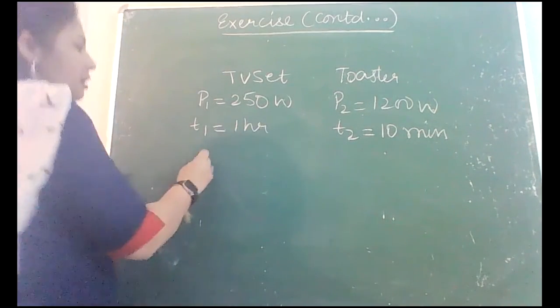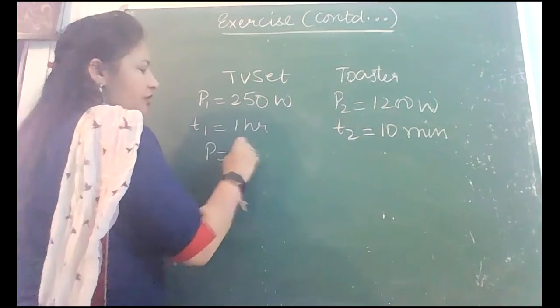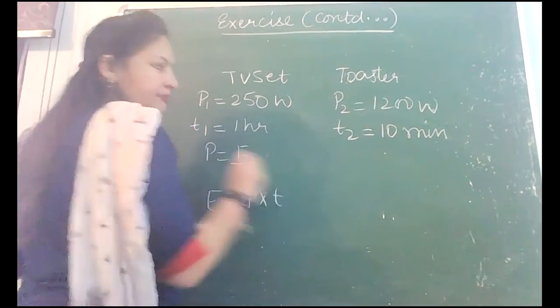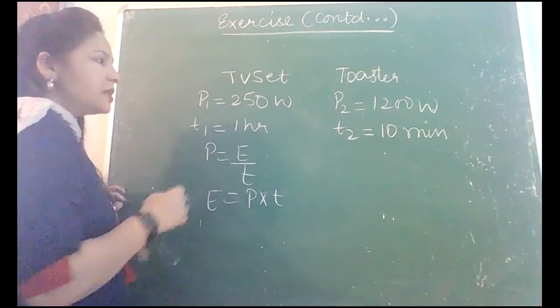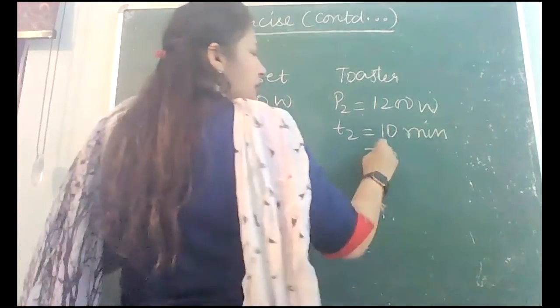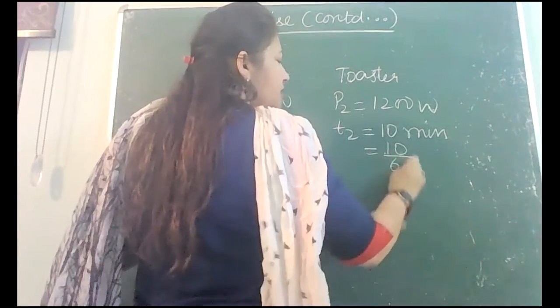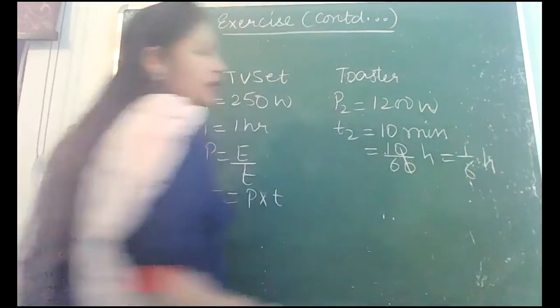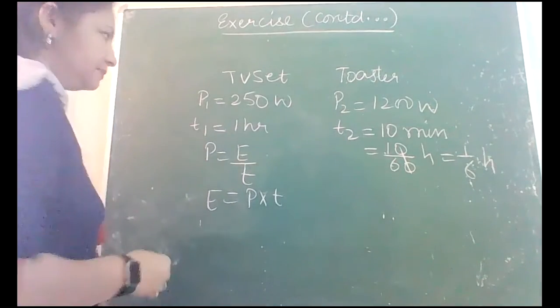So let us see. Power is energy over time, so energy is power multiplied by time. But first of all, our units must be the same. So let us convert minutes into hours by dividing by 60. So 10 minutes is 1/6 hours. Our electrical energy will be in watt hour then.